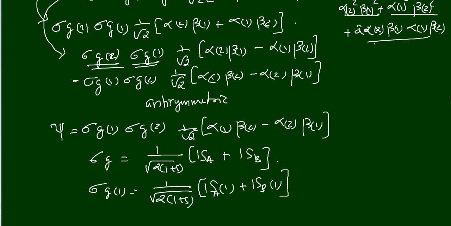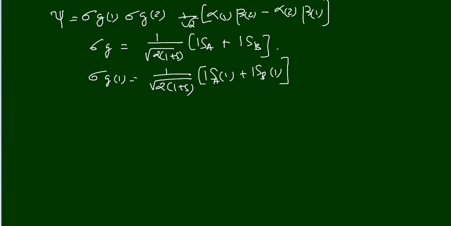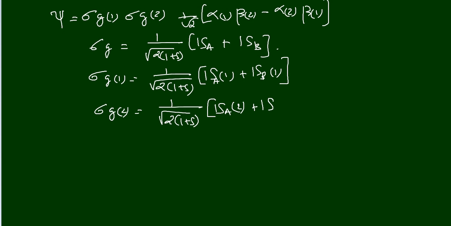This is sigma g1. And sigma g2 is defined as 1 divided by root of 2 into 1 plus S, 1s a 2 plus 1s b 2, where the electron is 2. That is sigma g2.